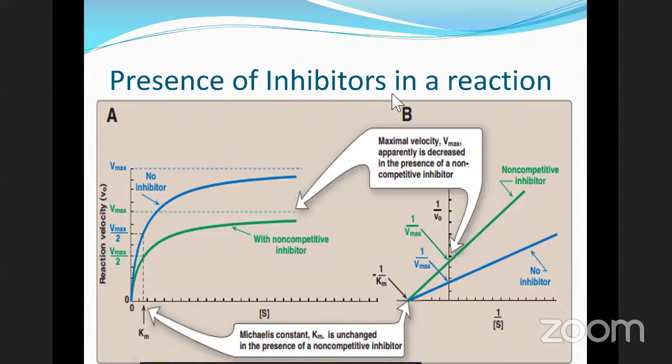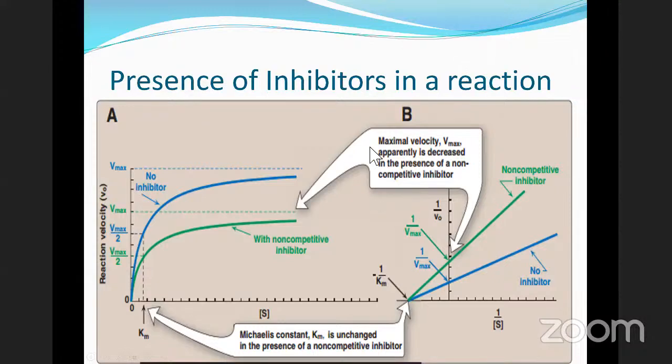So that is non-competitive inhibition. So Vmax is decreased, Km is unchanged. In competitive, Km is increased, Vmax is unchanged.